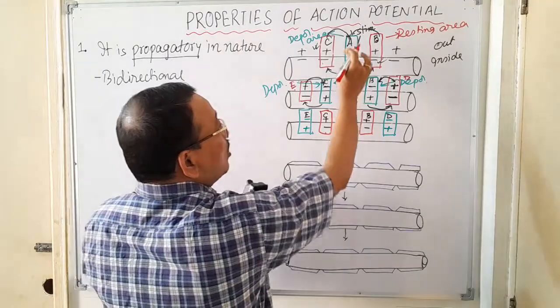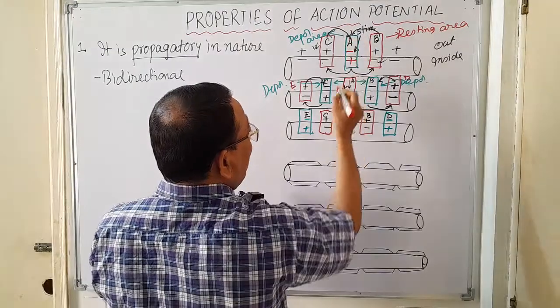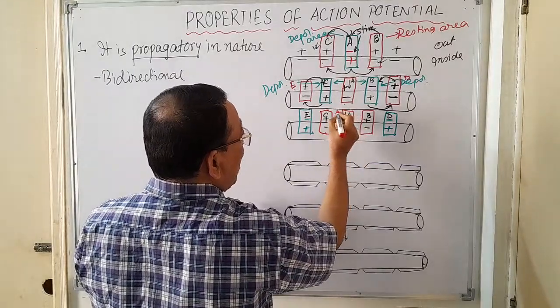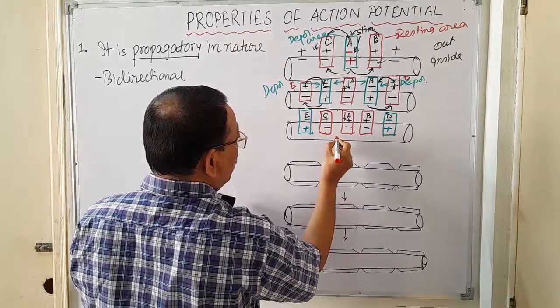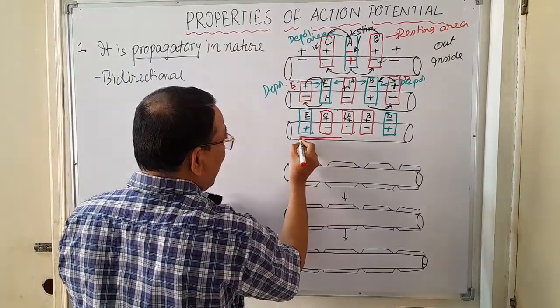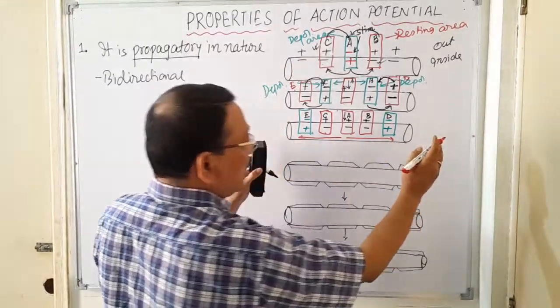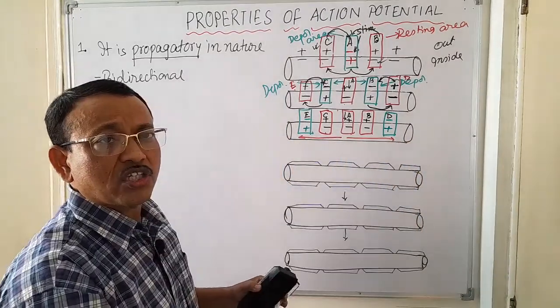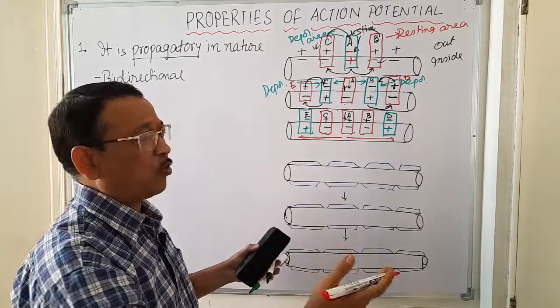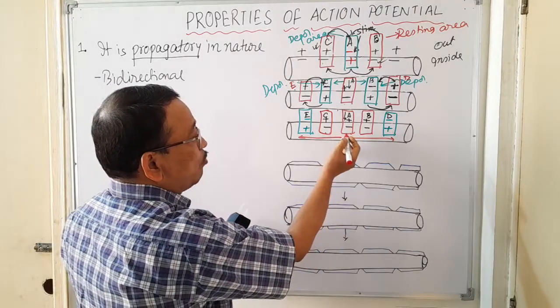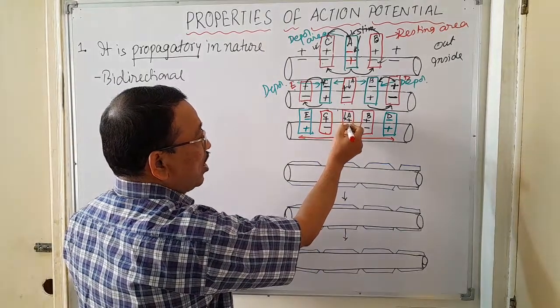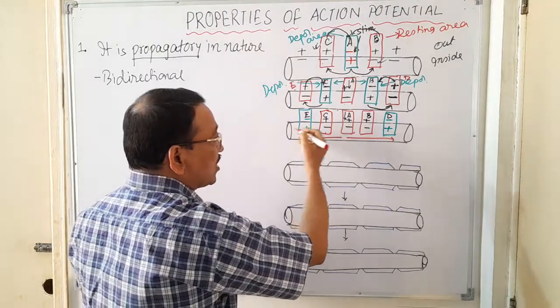So the depolarization wave starting from A is now getting propagated from point A to E, and point A to D. So bidirectionally, the wave of depolarization, or in turn the action potential wave, is getting propagated from the site of the stimulus to beyond the site of the stimulus.